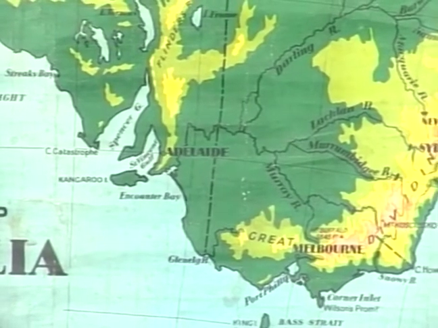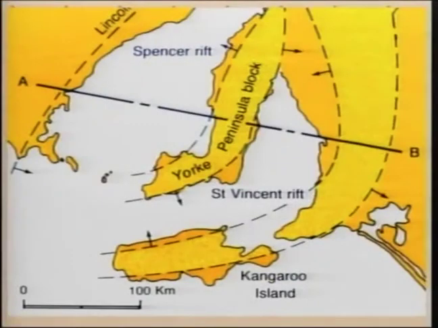Look at the cross-sectional view of that particular region, especially make reference to point A to point B. If we had to draw a cross-section in that particular region, this one here, note the Yorke Peninsula, Spencer Gulf, the St. Vincent Rift.